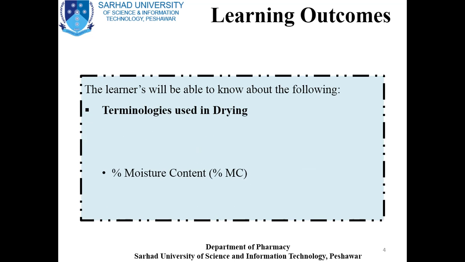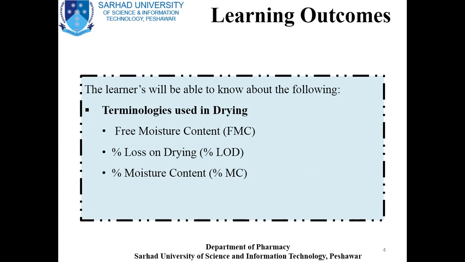Dear students, after the completion of today's lecture, you will be able to learn about various terminologies including the free master content, abbreviated as FMC, percent lost on drawing, and percent master content, abbreviated as percent LOD and percent MC respectively.